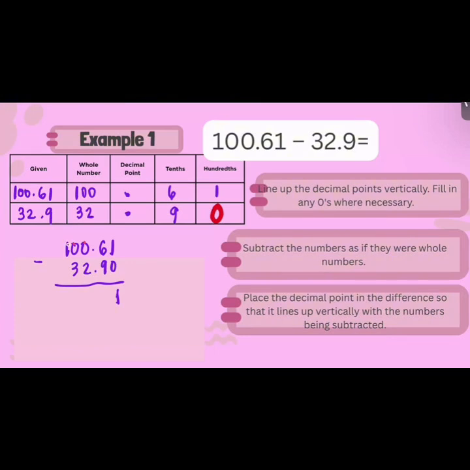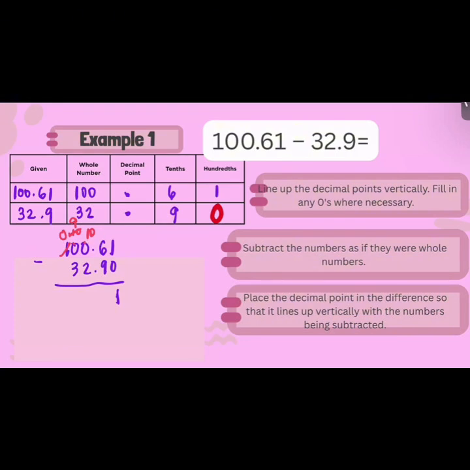So, since we are going to borrow from hundreds, which is 1, 1 becomes 0, and the tens become 10. Then, since we need to borrow from ones, ones becomes 10 and tens becomes 9, because we borrowed from tens. Then we can now borrow from ones to add to 6, which is our tenths.